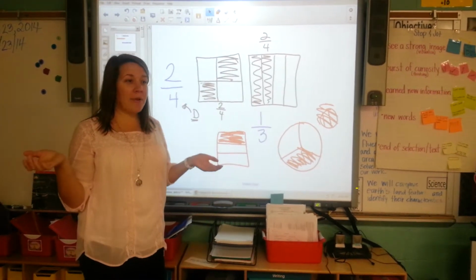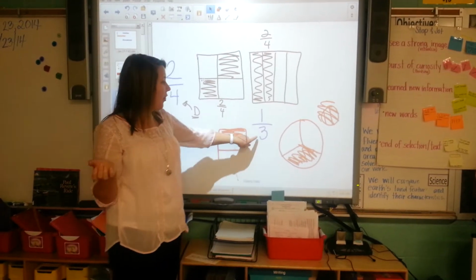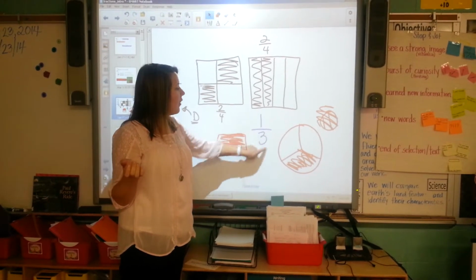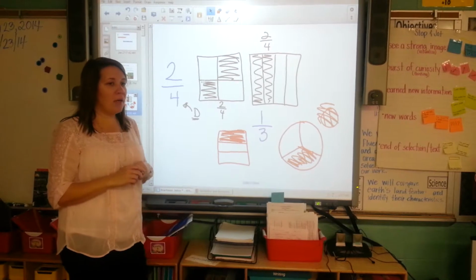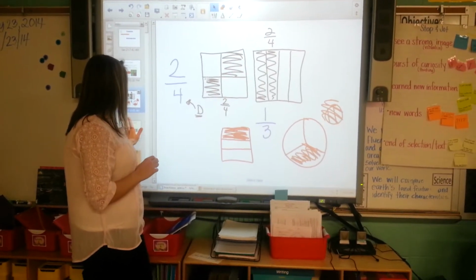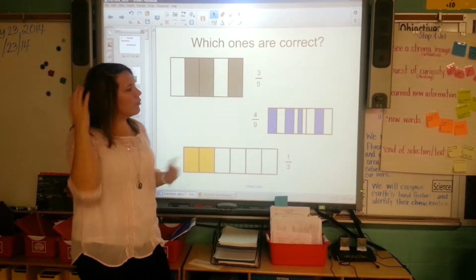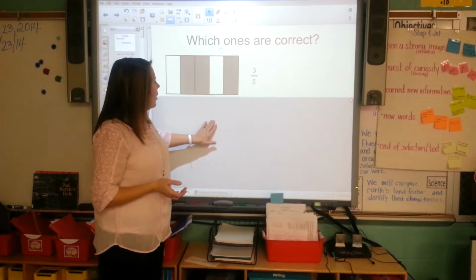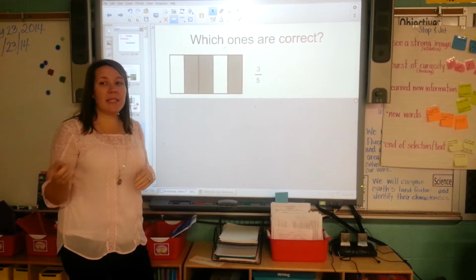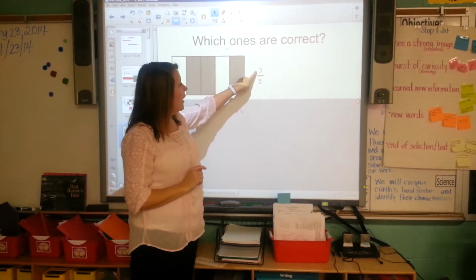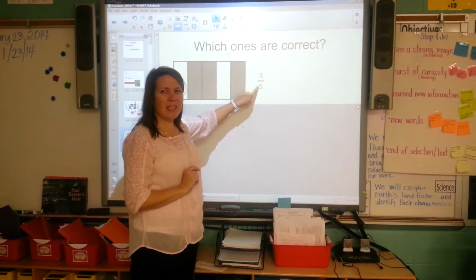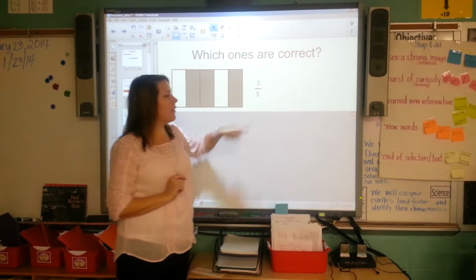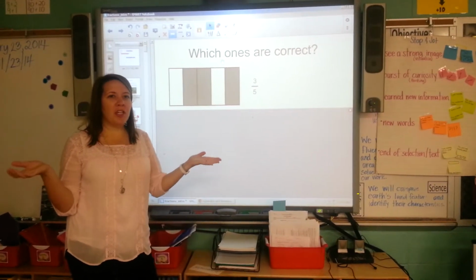Again, which one's the denominator? Yeah, the 3. That's how many parts are the whole. Any questions? Write them down for me. Let's look at this one. Which ones are correct? I'm going to hide, and I want you to look at this. Let's say this fraction together. 3/5. What is it? 3/5. Good. Now, which one's the numerator?